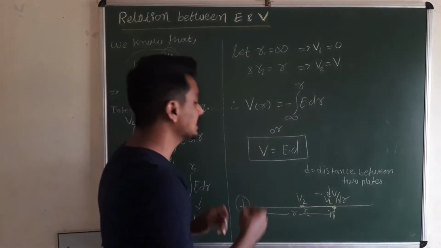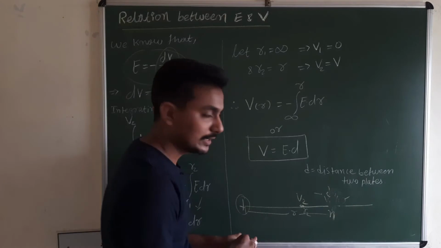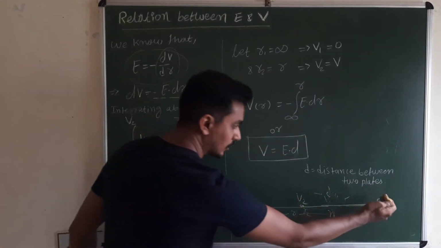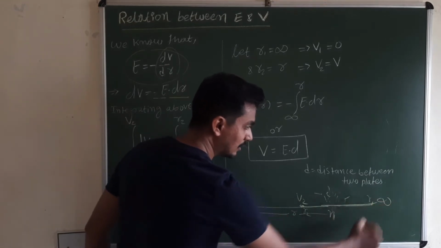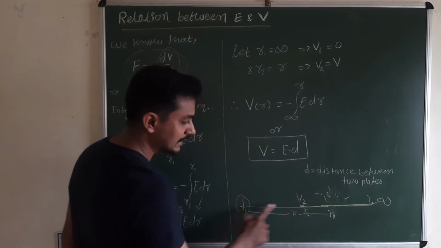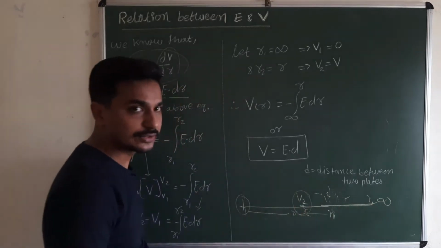Now let us assume that this point r1 is at a very large distance, that is, let us assume that it is infinite. So we are bringing the charge from infinity, that is from distance r1 which is infinite, to a point at a distance r2, and the potential at that point is V2.